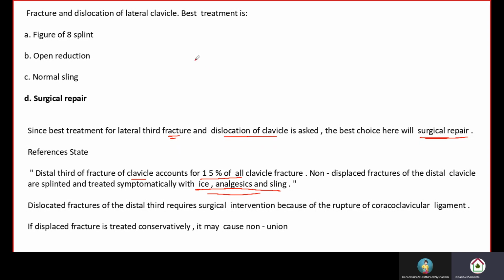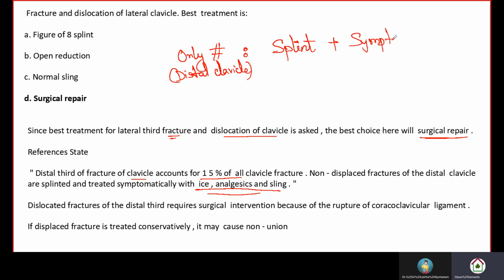So if there is only a fracture, a splint is applied and treated symptomatically, that is ice, analgesic, sling.